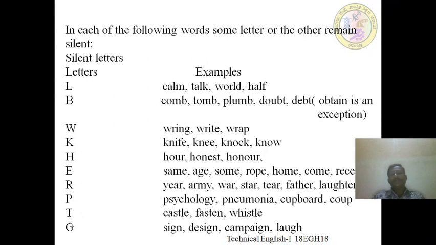Then the disease pneumonia, though the term begins with P, it is pronounced as pneumonia. Then T: castle, fashion, whistle. Then words ending with G: sign, design, campaign, law.